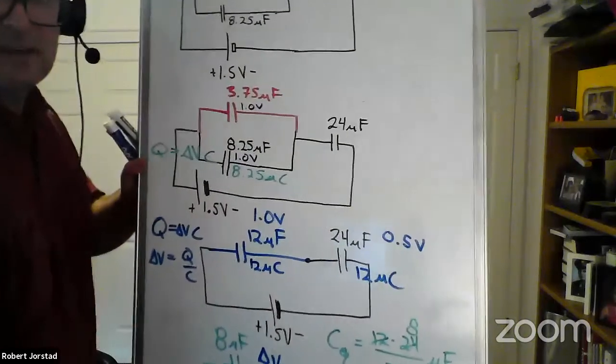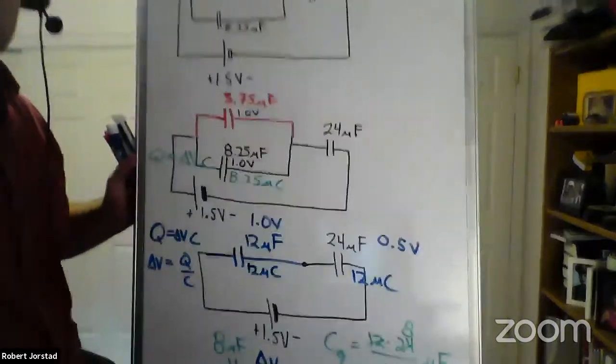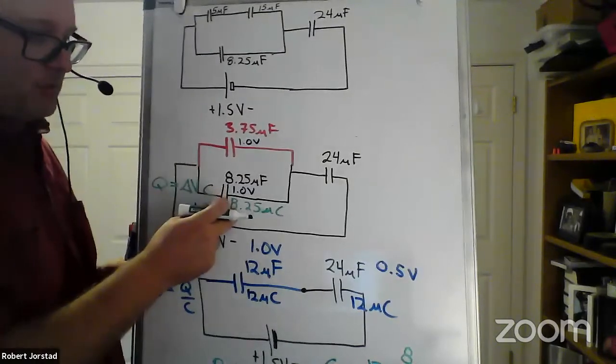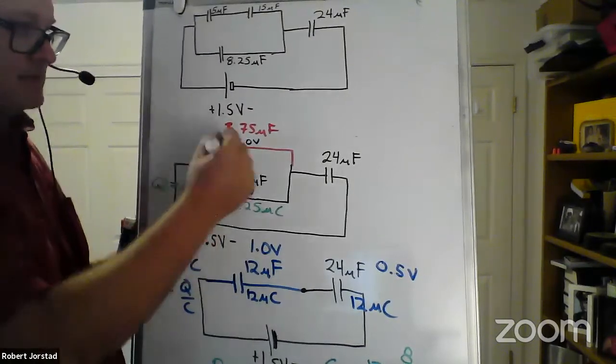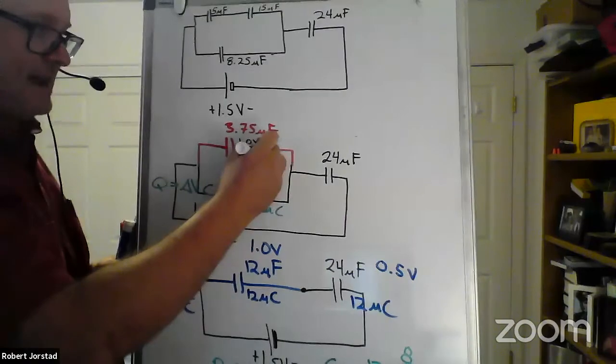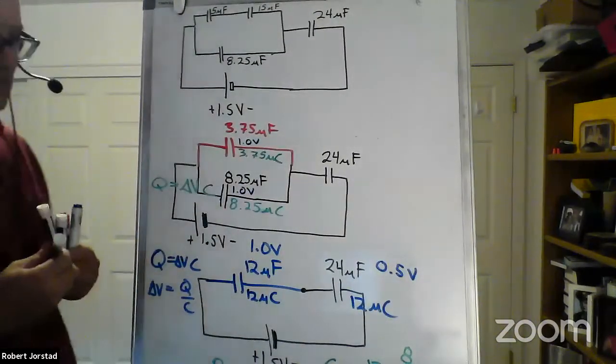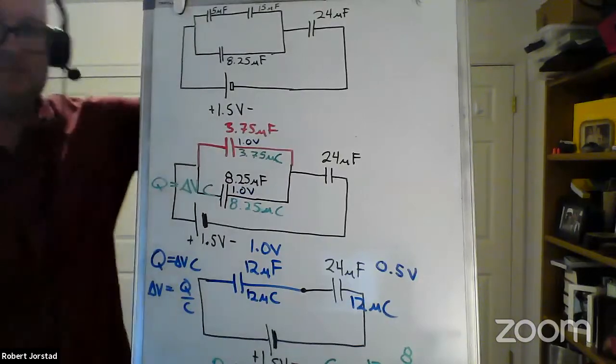It's getting kind of bad there. So again, we have 8.25 here. That means this is probably 3.75 microcoulombs.